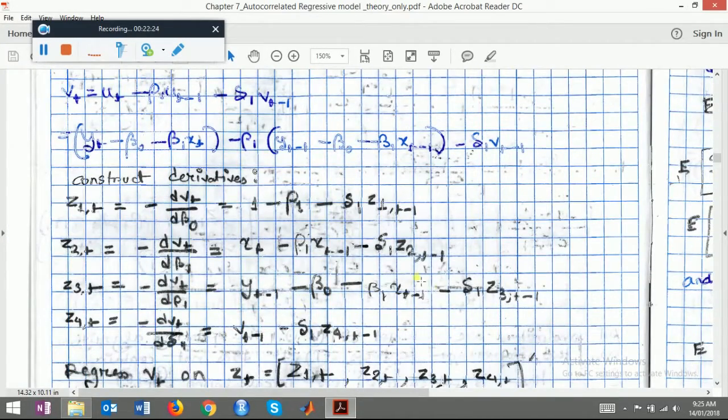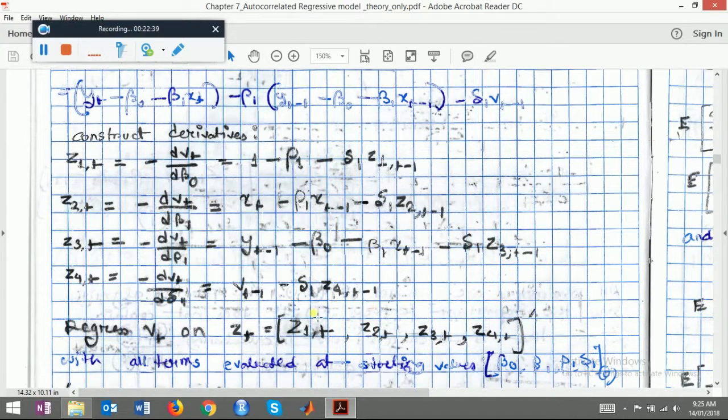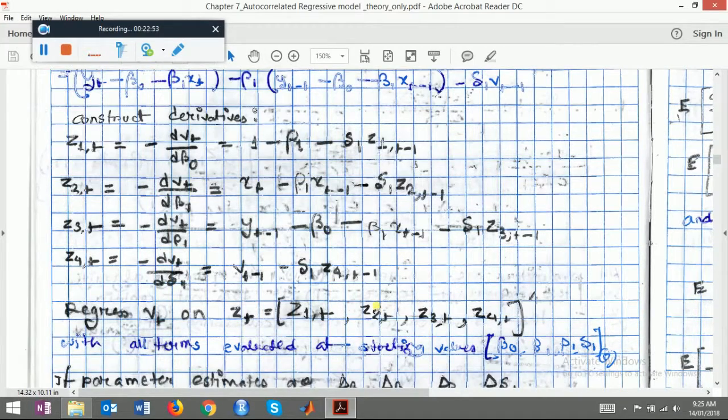So Ut minus 1, but instead of Ut minus 1 you can write, taking everything on the right hand side, this, and then minus delta 1 z3t minus 1. Then finally delta itself is the fourth parameter, which is Vt minus 1 minus delta 1 z4t minus 1.